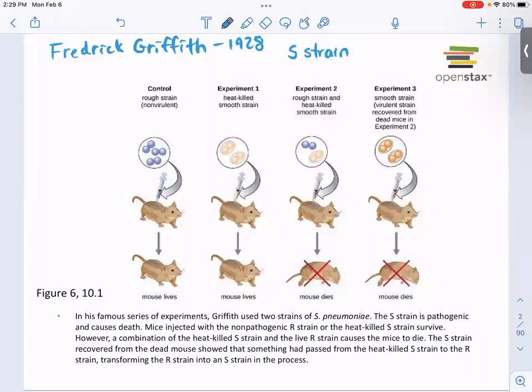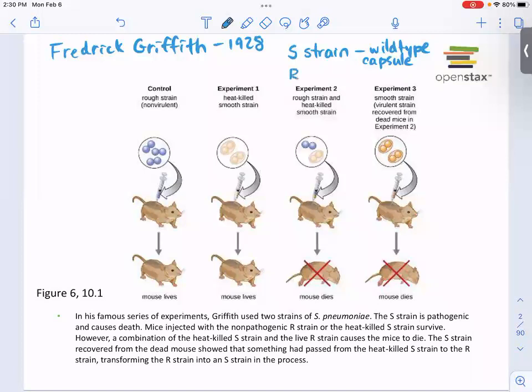The S strain was what we call the wild type. It made a nice capsule. Remember, one function of the bacterial capsule is to help a bacterium establish itself as an infection in an organism, because it keeps our innate immune cells from getting after it right away. It helps keep it from being phagocytized. So that S strain made a really nice capsule.